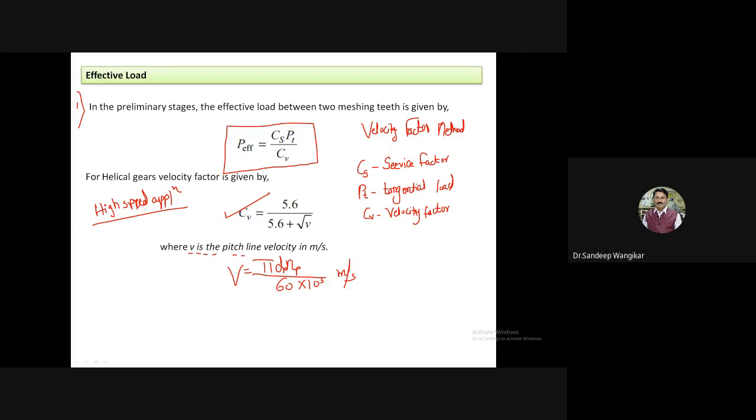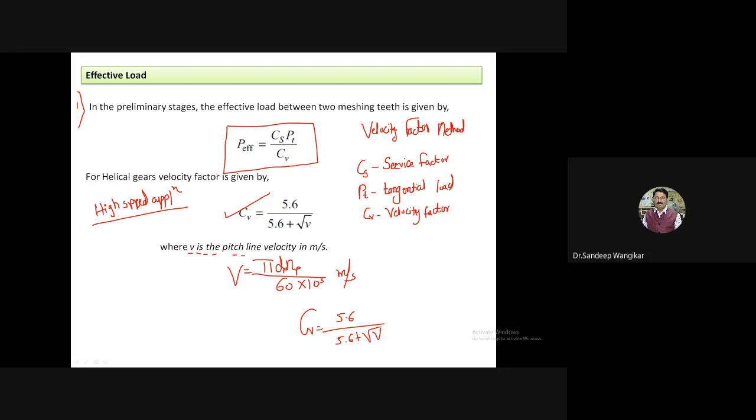In helical gears, you will be using only one formula for calculation of CV, which is 5.6 divided by 5.6 plus under root V.